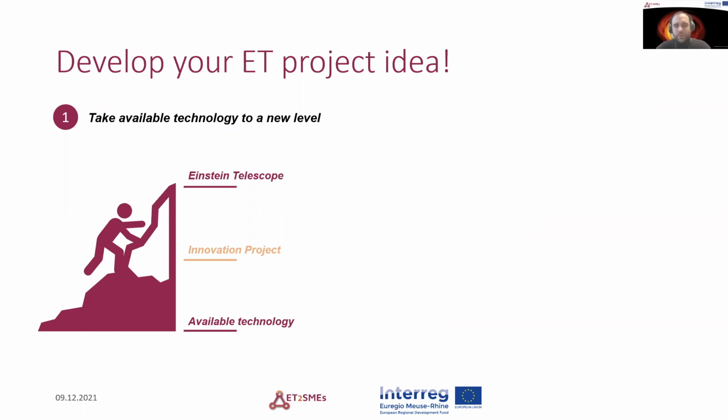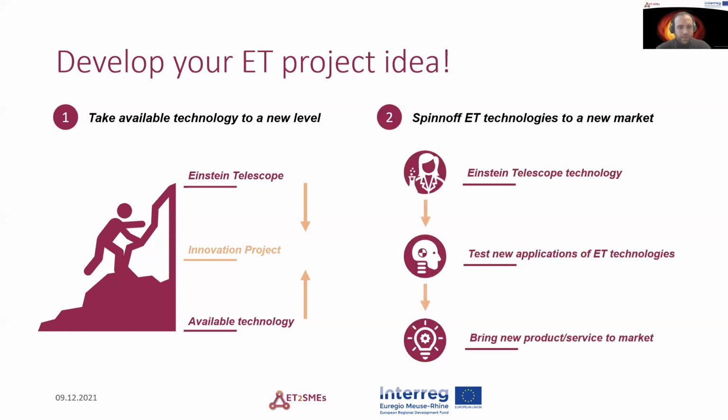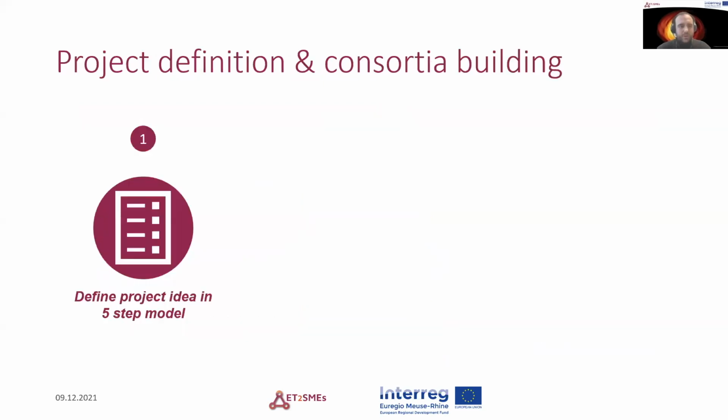So we want to stimulate you SMEs to get inspired by the Einstein telescope to test new applications for your own technologies in more extreme conditions. And so companies can bring new products and services to the market.